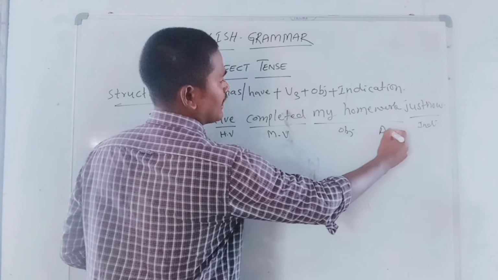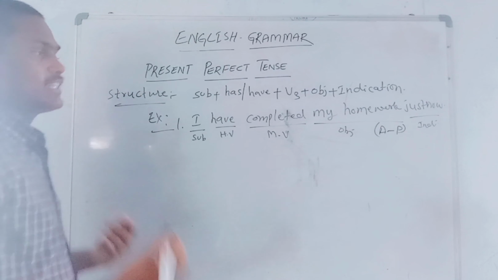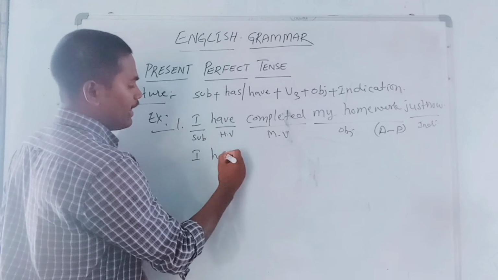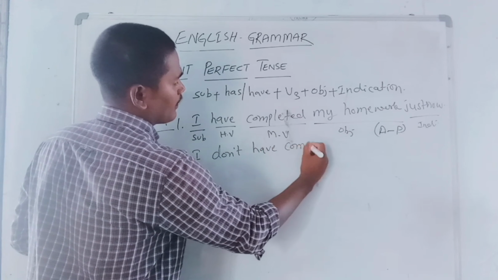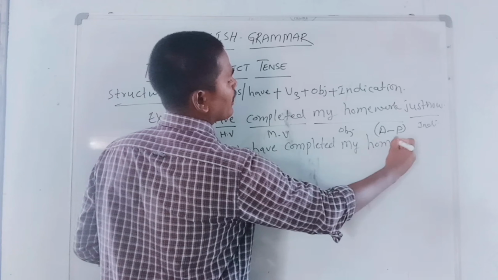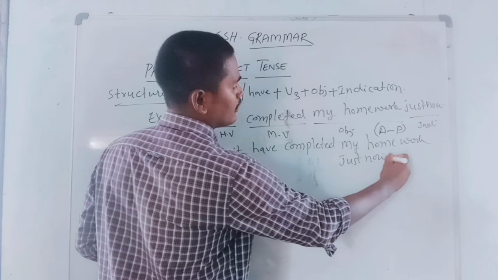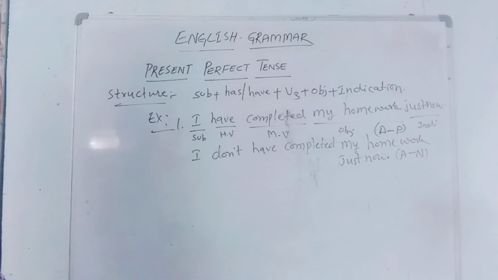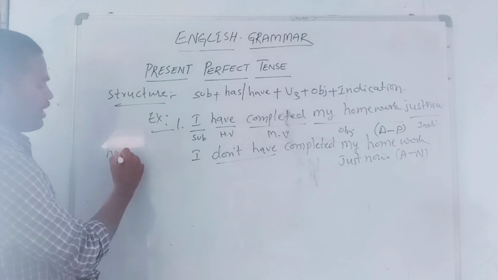So it is an assertive sentence, a positive statement. Okay, let me convert that into assertive negative. Simple. I don't have completed my homework just now. It is an assertive sentence, negative expression. Dear students, here I used don't have. We can also write have not.